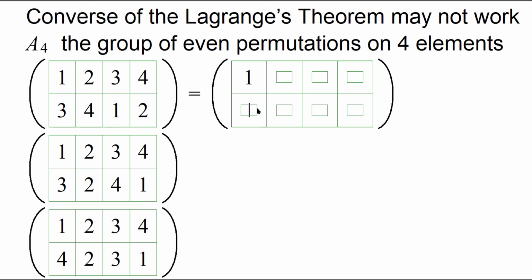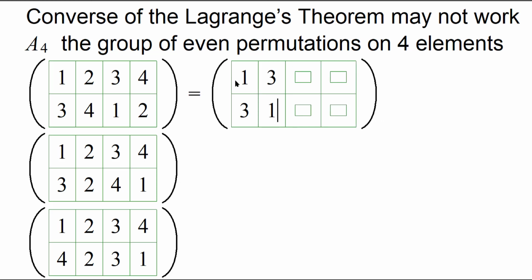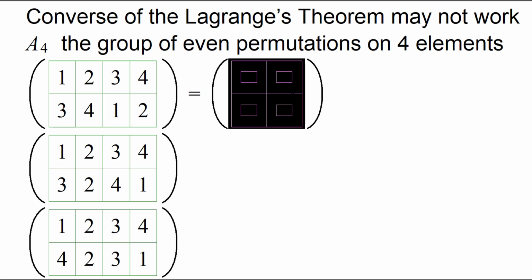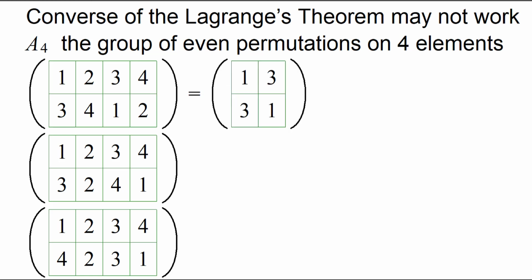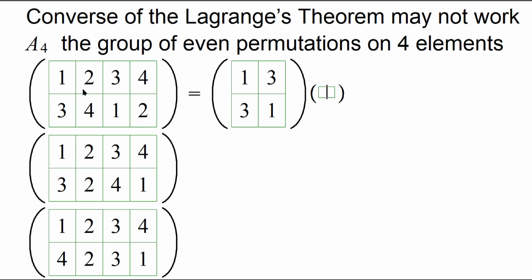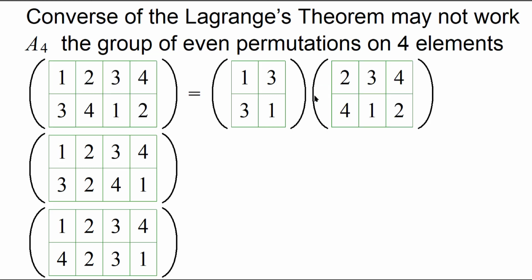Now 1 goes to 3, then 3 goes to 1, so this cycle is done. That's the way we write it as a product of cycles. What we are doing is writing it as a product of disjoint cycles. In the other one, 2 goes to 4 and 4 goes to 2.